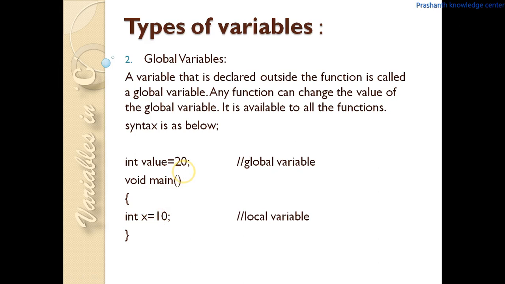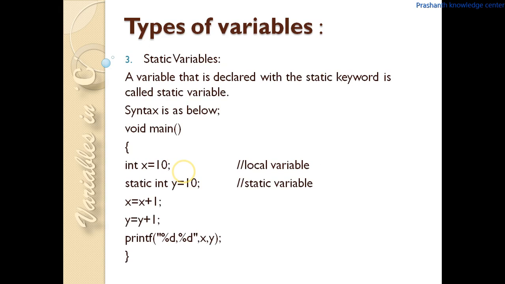Static variable, a variable that is declared with the static keyword is called a static variable, and the syntax for this is this one. Within the function I have declared int x equal to 10.